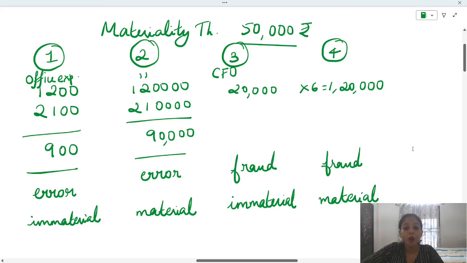So whether due to fraud or due to error, the material things, case 2 and case 4, are very important. The FS shall not be misstated materially.